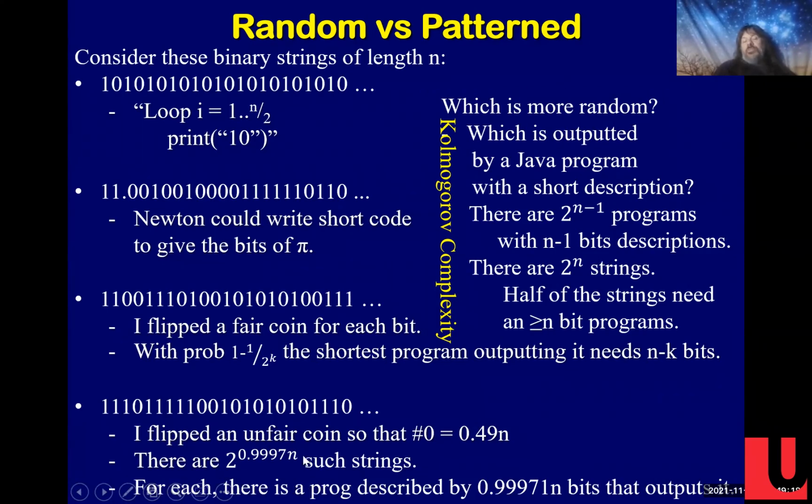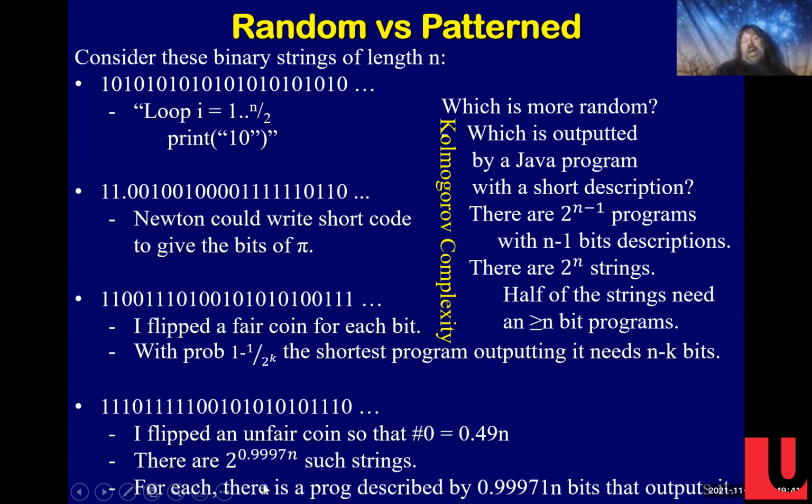Now what I'm going to prove to you is that there is a computer program that is described by this many bits, and it outputs any one of these. For any string with this property, I can give you a Java program that only has this many bits, and it outputs your favorite string.